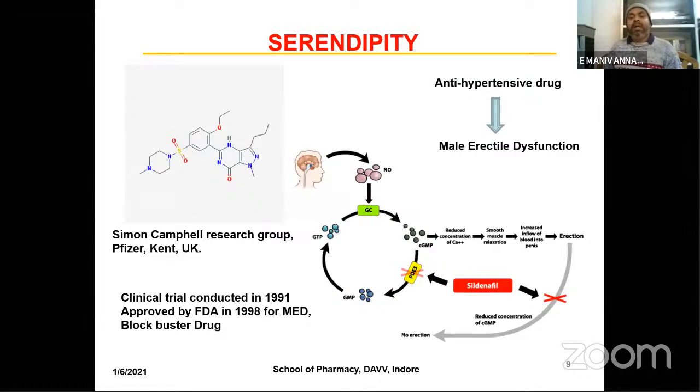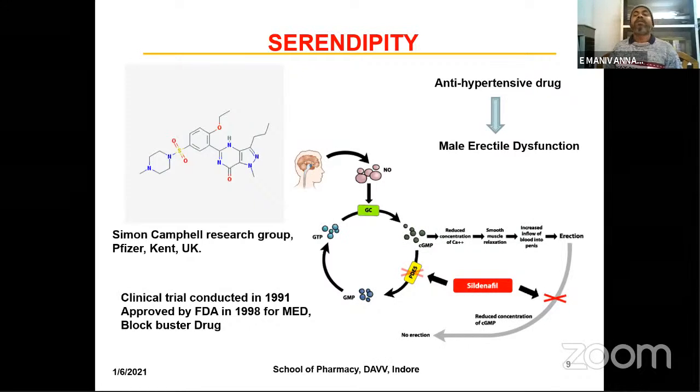One of the side effects was male erection. This was something new at the time, and there was no drug found at that time for male erectile dysfunction. So originally the scientists intended to make BP lowering drugs, antihypertensive drugs, but miraculously they found a remedy for male erectile dysfunction.